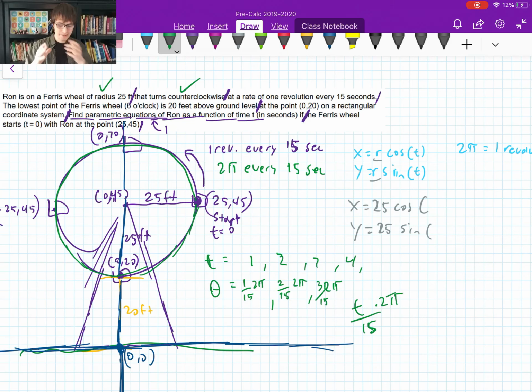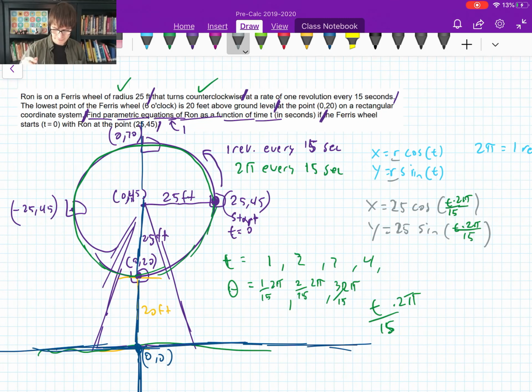That will get me the exact kind of movement I want, so that after 15 seconds I'll get 2 pi. So let's go ahead and replace that. I meant to use green, but oh well, this will be fine. And then t times 2 pi over 15. So in theory, that should make it so that after I pass 15 seconds, I should get a full revolution. That third qualifier: a rate of 1 revolution every 15 seconds.